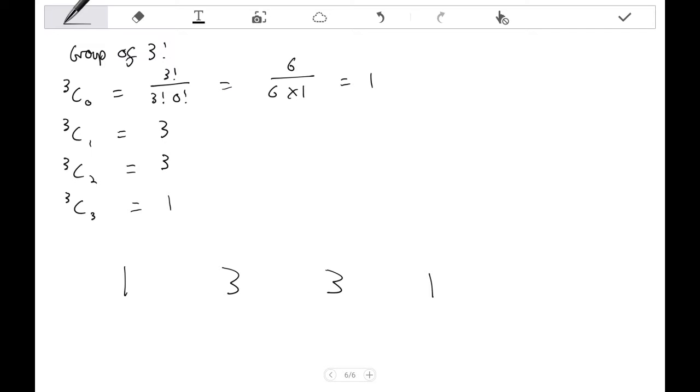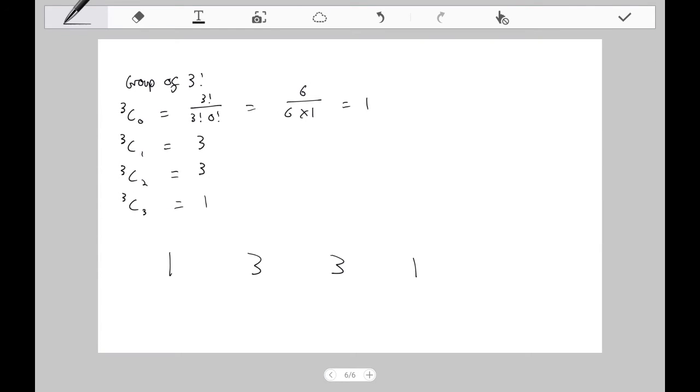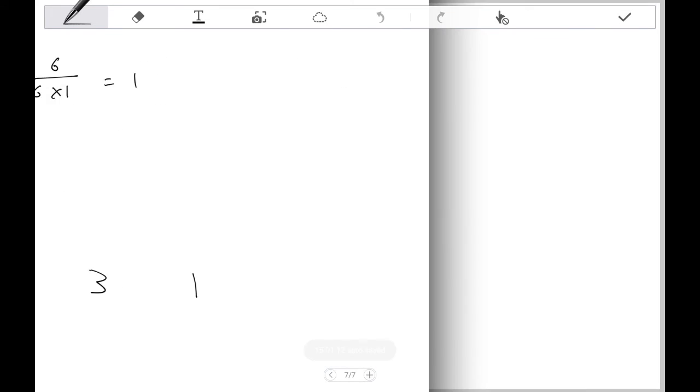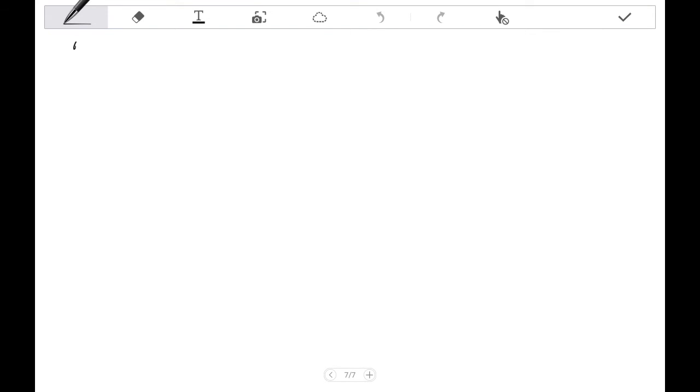So this is actually the mathematical way that you calculate Pascal's triangle originally. So that means that we can directly use n choose r for binomial coefficients.